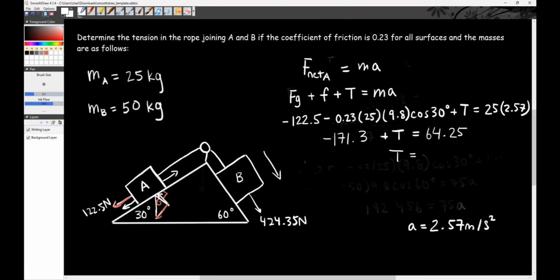Okay, and then once you add it to both sides, you're going to get 235.55. And now that I think of it, I don't think the acceleration is right either, because if I didn't do this part correctly, then I probably didn't do the acceleration correctly.